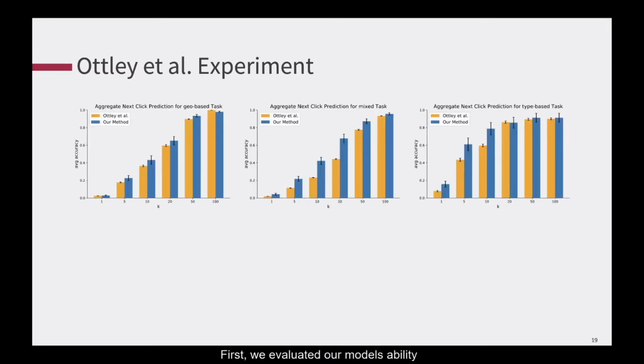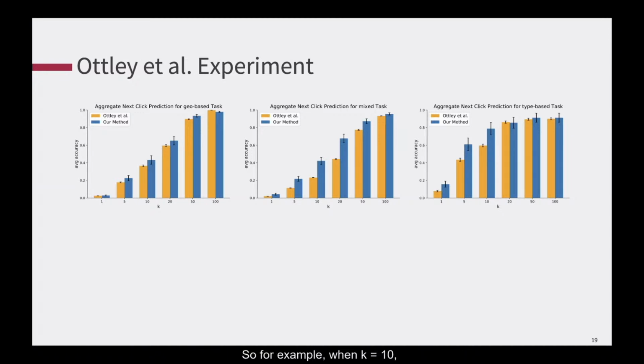Furthermore, we evaluated our technique against a couple of baselines. First, we evaluated our model's ability to predict future interactions against the hidden Markov model approach by Ottley et al. As shown in the figures, we have on the y-axis average accuracy of predicting future clicks, and on the x-axis we have the size of the prediction set.